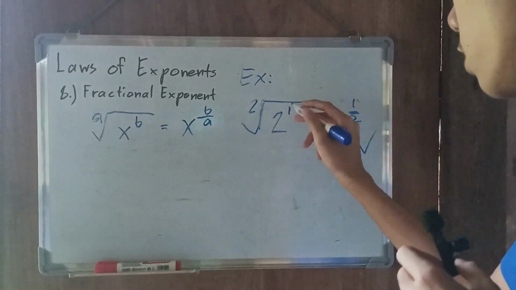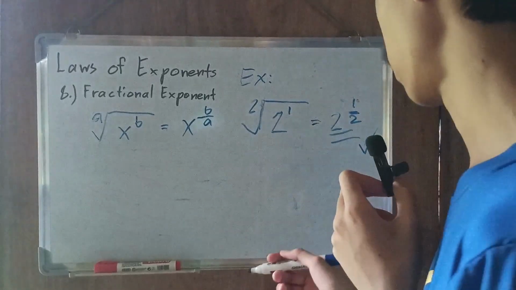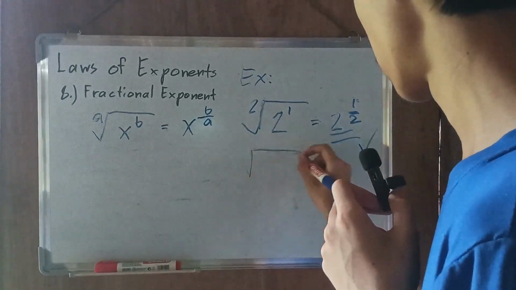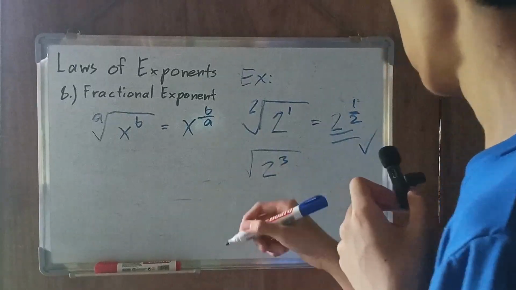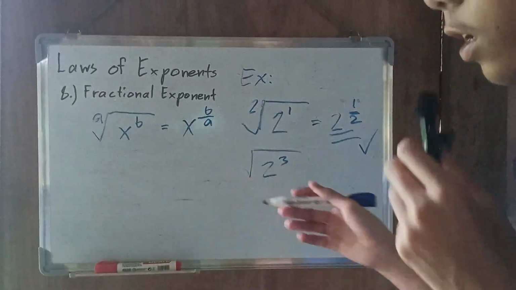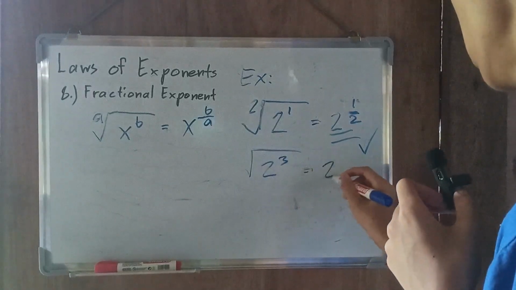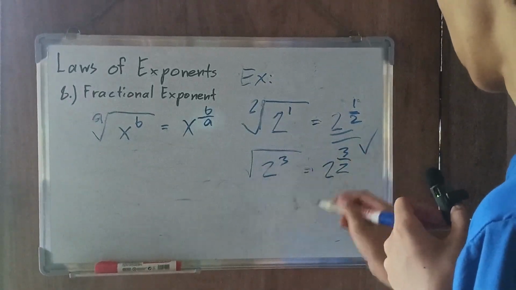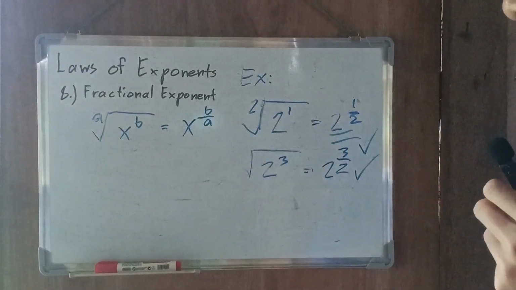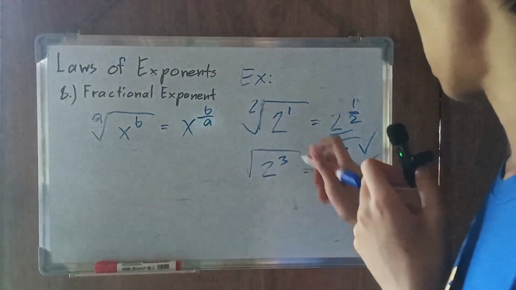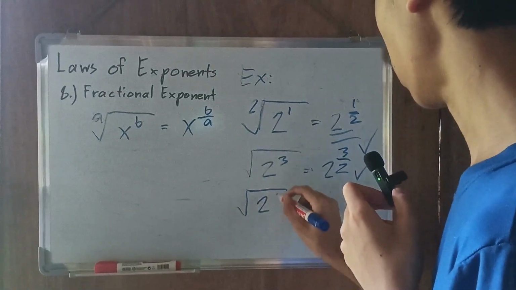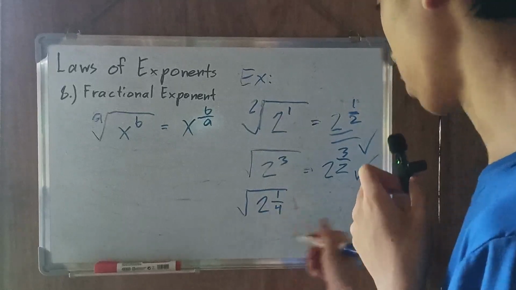Now, what if this is greater than one? If we want to turn it into a fraction, the answer is 2 to the 3 over 2. Now, what if this is a fraction, like the square root of 2 raised to the 1 over 4 power?